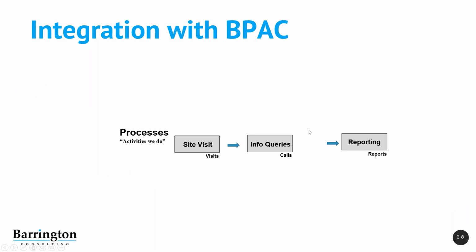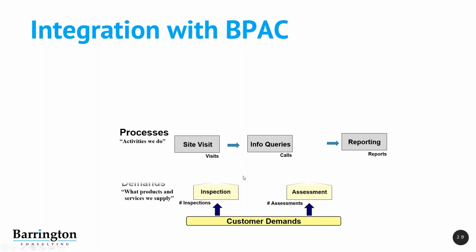except what we do when we want to take this a little bit further, with business process analysis and costing, is we can really capture a little bit more information and take it further to truly model this process. So what we can do is bring in the customer demands.